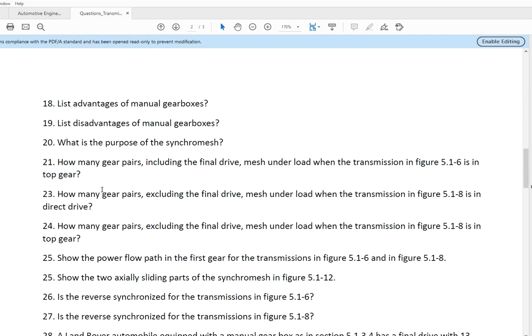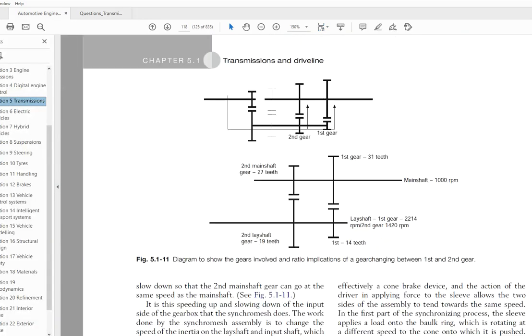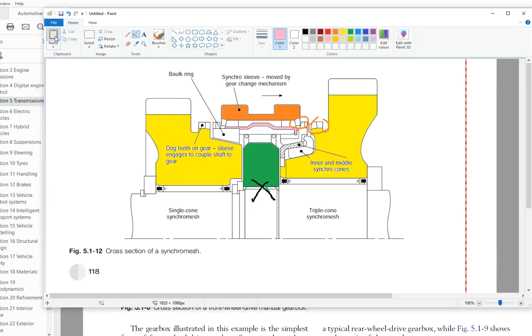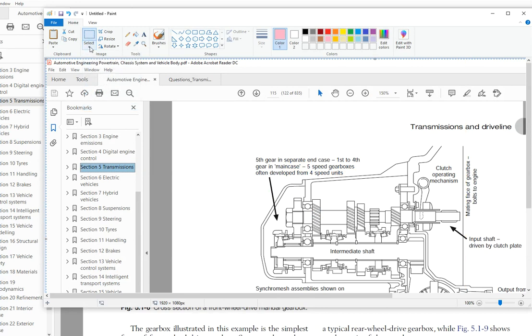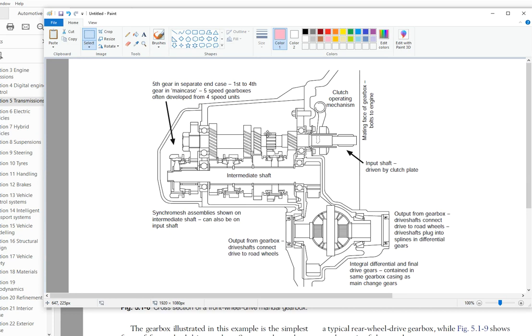So gears including a final drive mesh under load and transmission in figure 6 is in top gear. We go to the chapter and let's find the figure. Is this one. We're going to take a screenshot, paste it, turn this, and select all. And let's see.